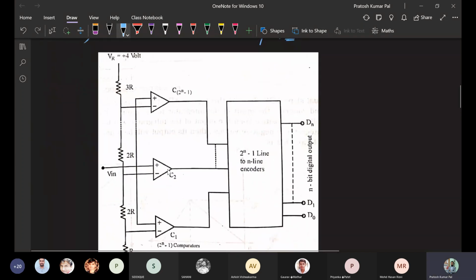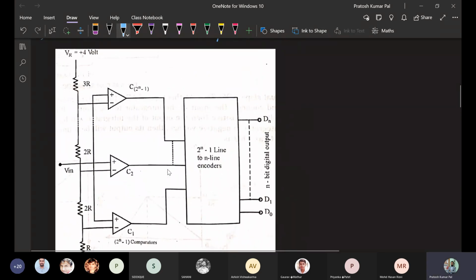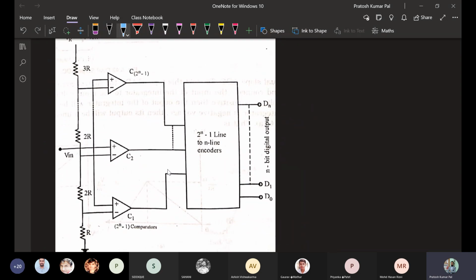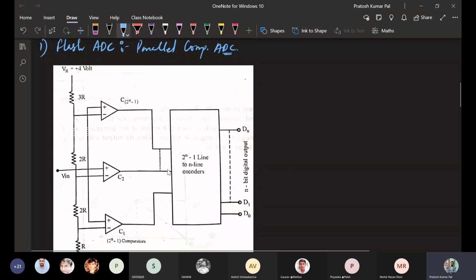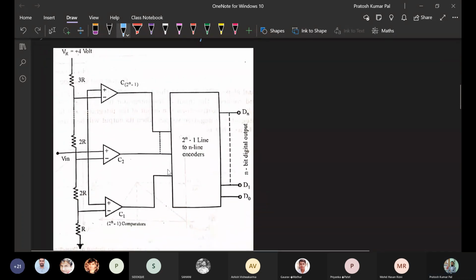So this is the block diagram, or the circuit diagram, of this parallel ADC. Okay. In the parallel ADC, as the name suggests, parallel, that means there are different comparator circuits. So this is C1, C2, C3, and so on.